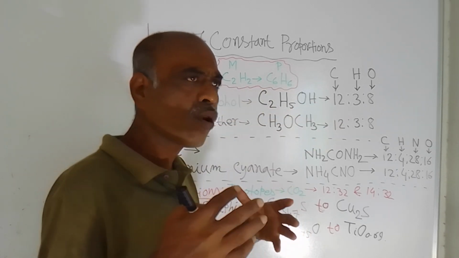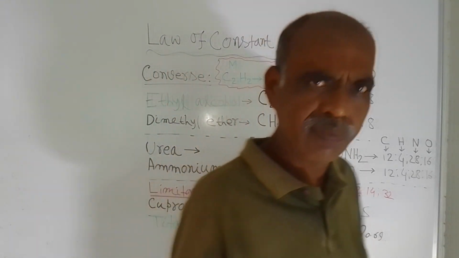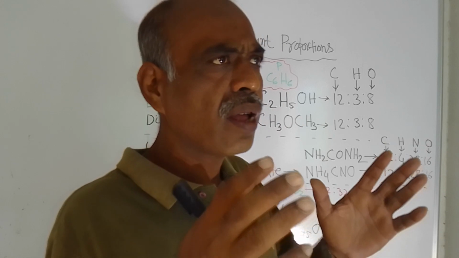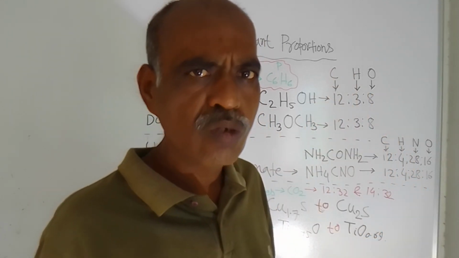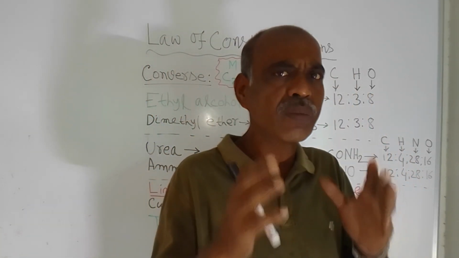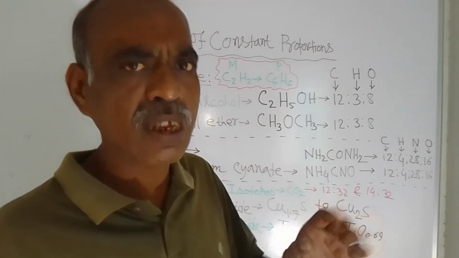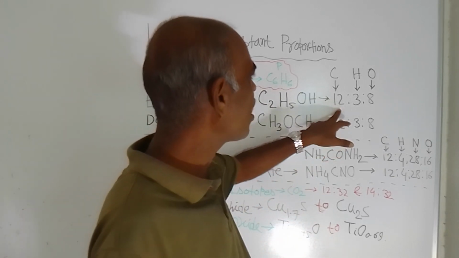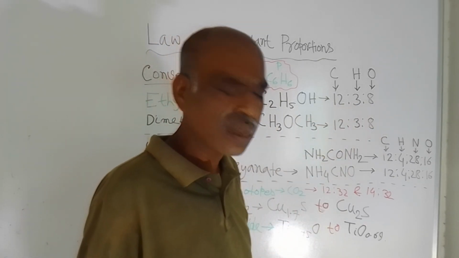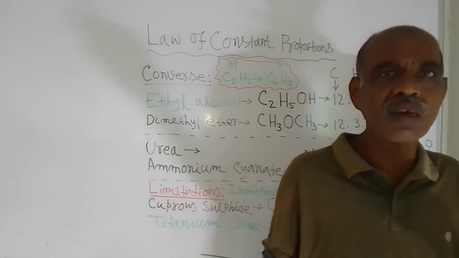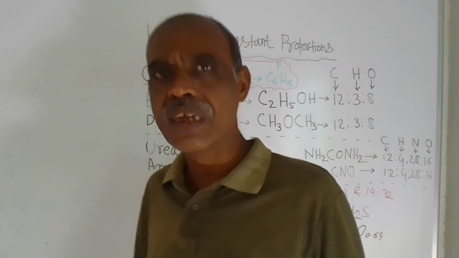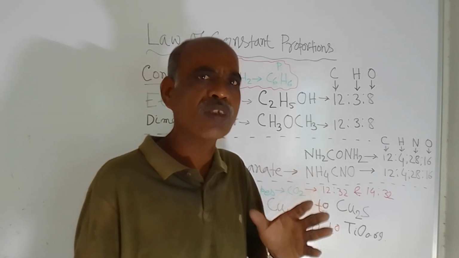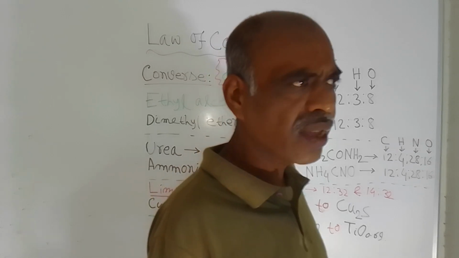If you take ethyl alcohol from any source, and conduct an experiment to find the proportions of the masses of carbon, hydrogen and oxygen, then always you will get the ratio to be 12:3:8. Similarly, if you take water from any source, you always get the ratio of hydrogen and oxygen to be 2:16, that is 1:8.